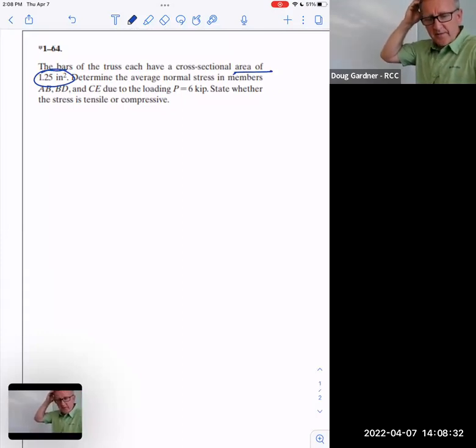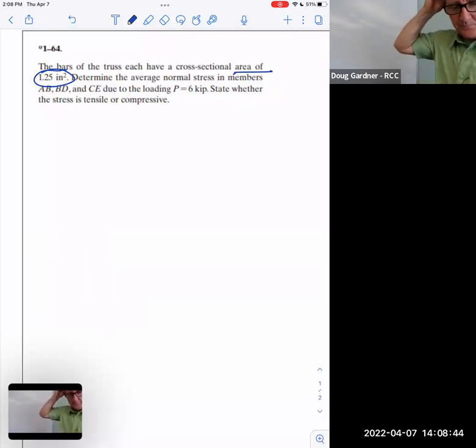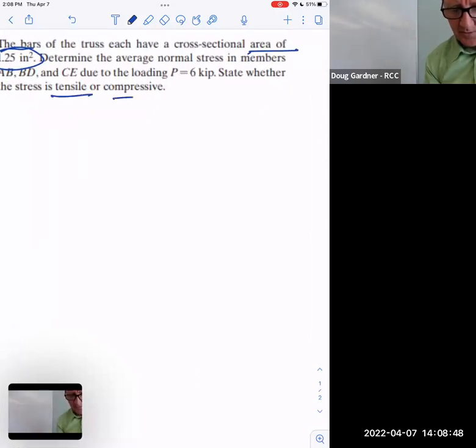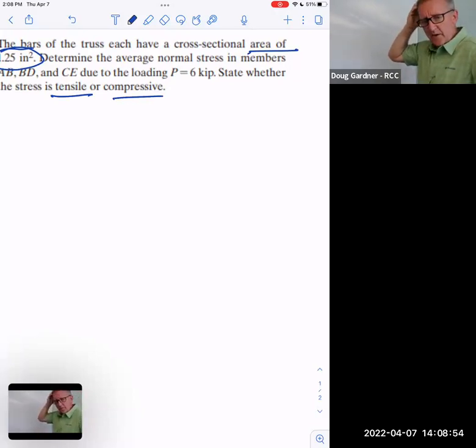And notice they didn't even have to tell us whether the bars were circular or square, because they just told us the area. So, great, thanks. All I need to know is all the forces. But then they also asked me, are these tensile or compressive? So I need to know how many PSI. Yes, because it's square inches, so it'll be PSI.